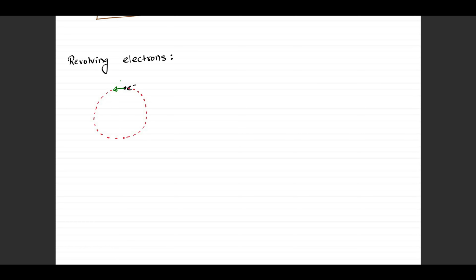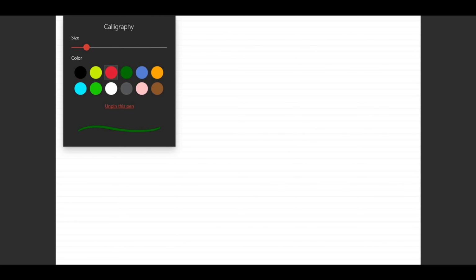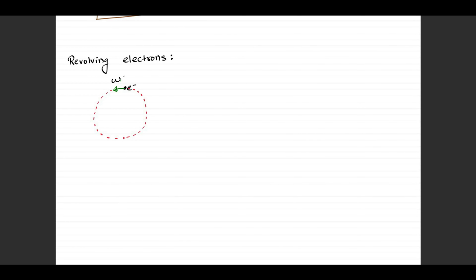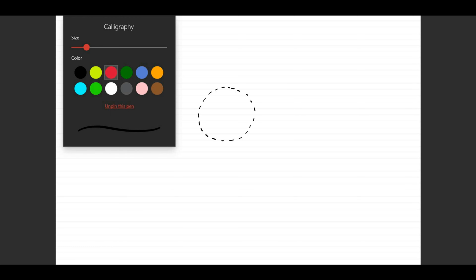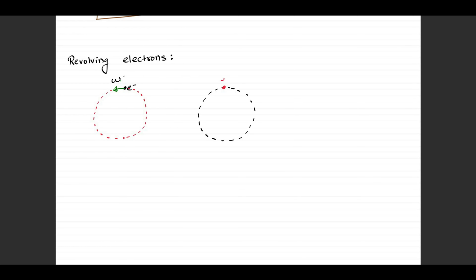Can I say, if it is revolving in this direction, say with angular velocity omega, I can assume there is a positive charge of same magnitude revolving in the opposite direction? Correct? So this is also the direction of current.